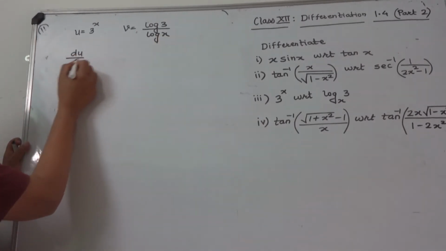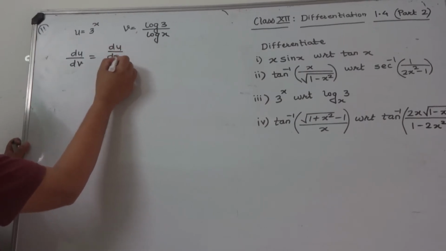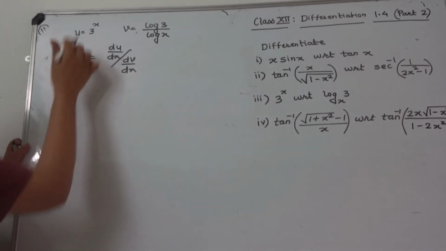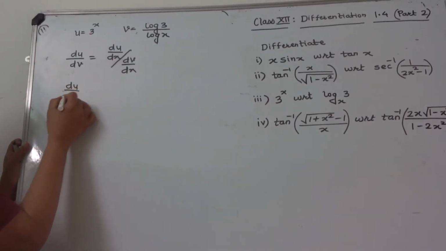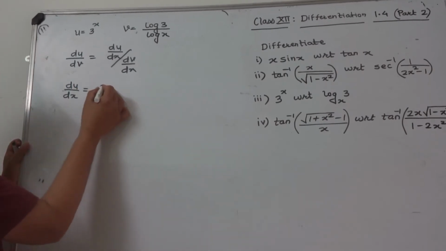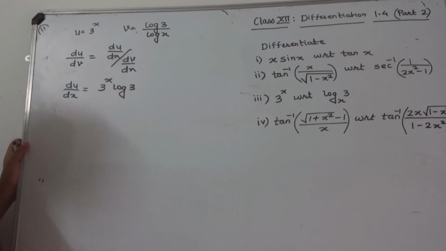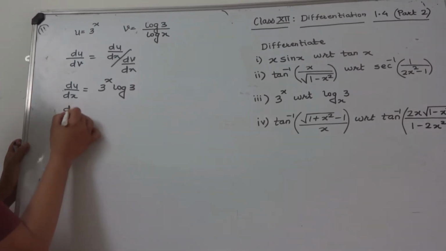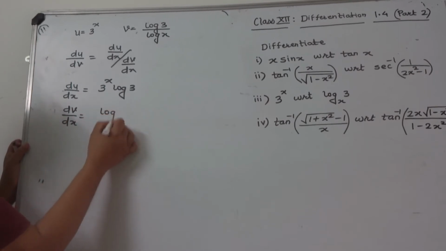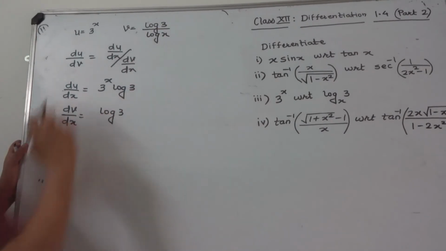Then du by dv is equal to du by dx upon dv by dx. What is du by dx? We use the formula of a raised to x. Derivative of a raised to x is a raised to x log a. In place of a, we write 3, and dv by dx, in this case log 3 is a constant, we take it outside and it remains 1 upon log x.